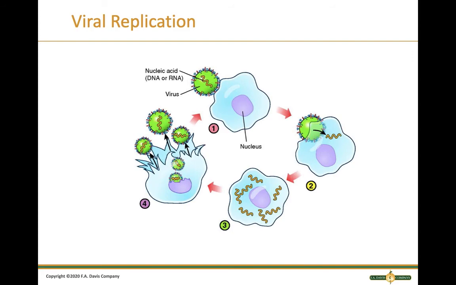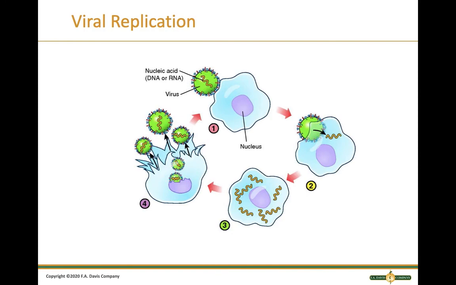They don't have their own ribosomes, so basically they invade a host cell, bind to that cell surface. That's the first step. Then in the next step, they're going to penetrate that cell, and then once inside, they release their DNA into that cell.